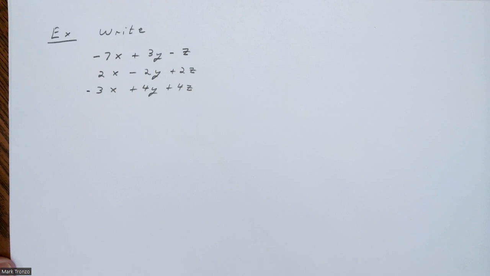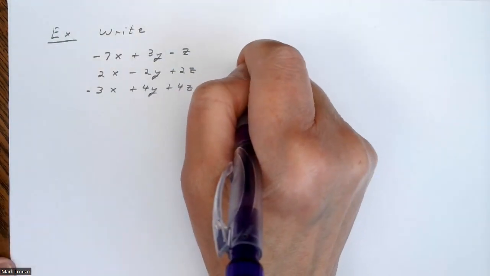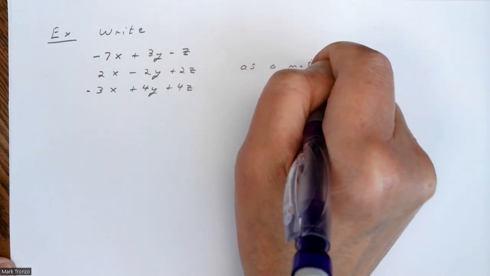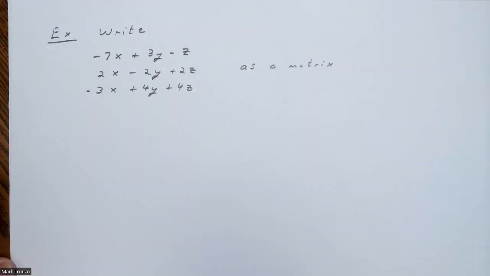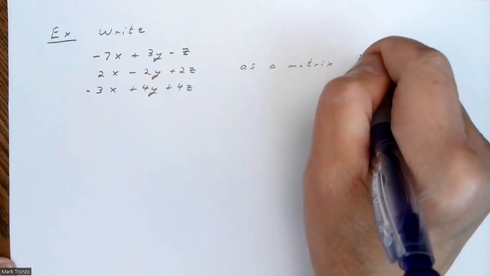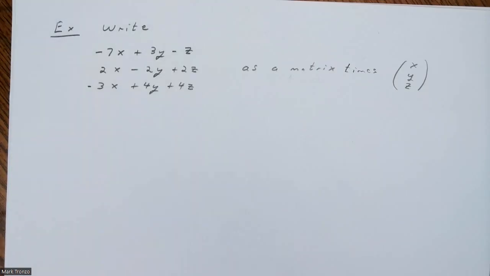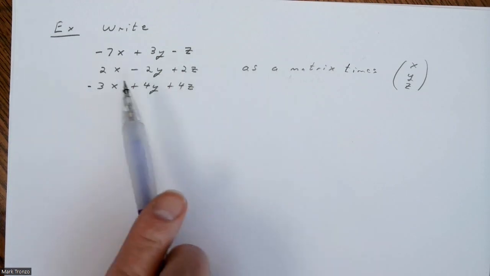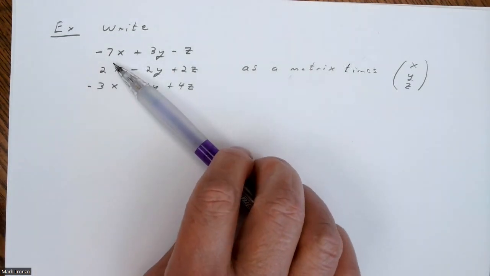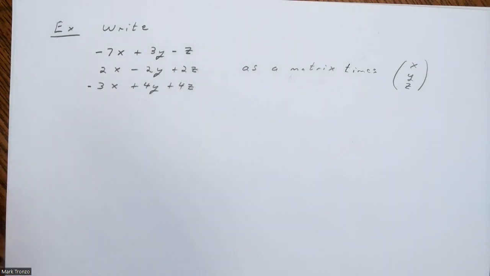Write this as a matrix times these variables. So we want to undo it and write this as a matrix times this. You can think of this again as undoing the multiplication.